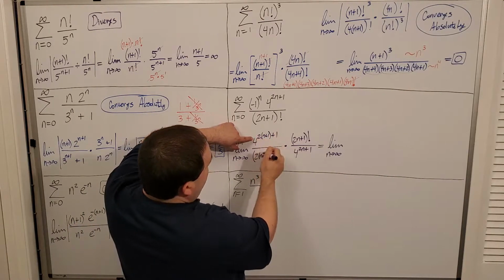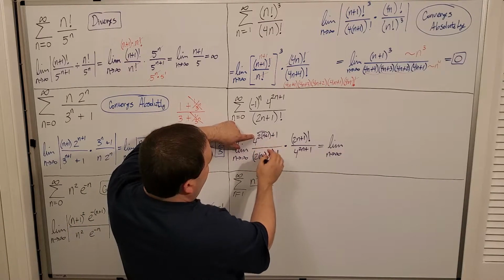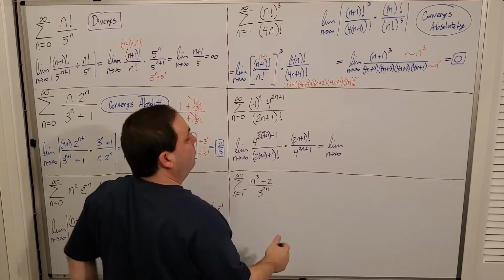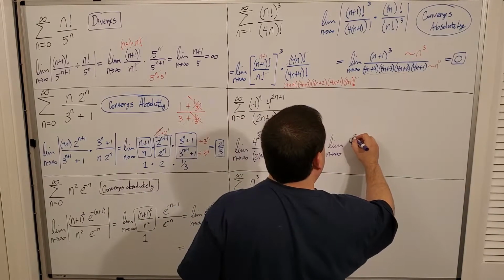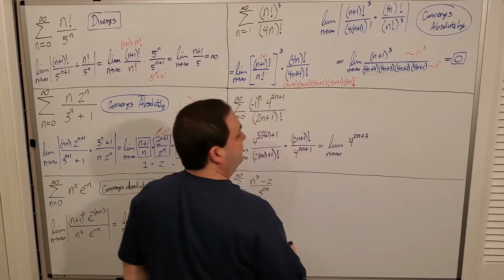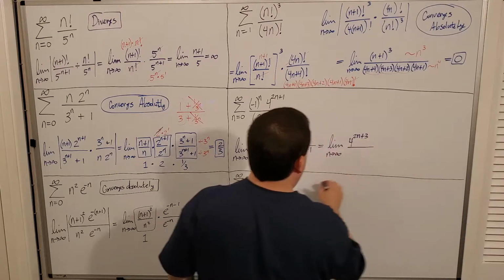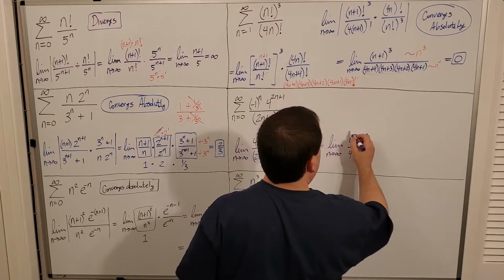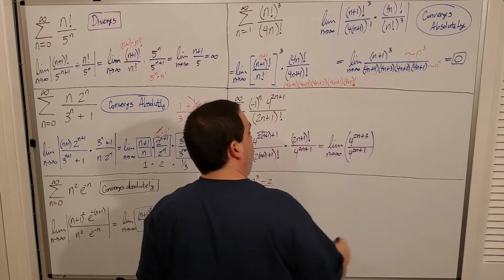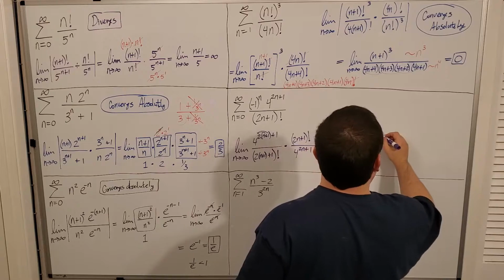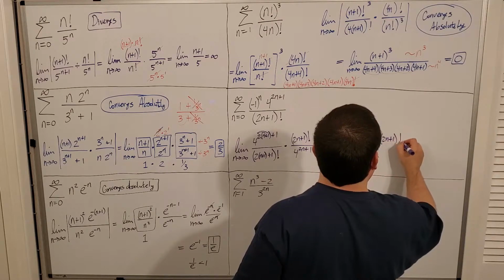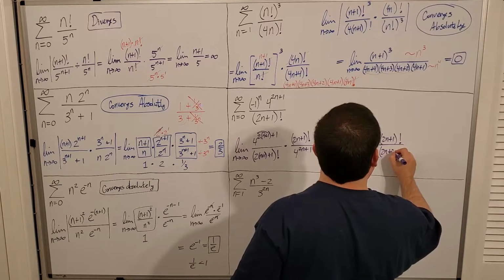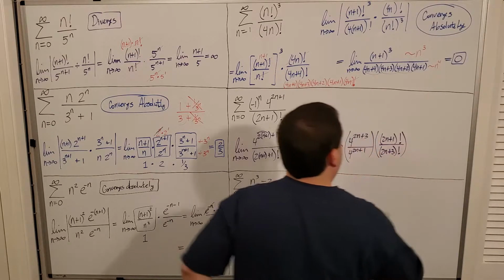Okay, now let's simplify these. If I distribute the 2 in here, that's going to be 2n plus 2, but then plus 1 more is going to make it 4 to the 2n plus 3. In the denominator, I have 4 to the 2n plus 1. I'll be doing that piece independent. And then I've got 2n plus 1 factorial over 2n plus 3 factorial.